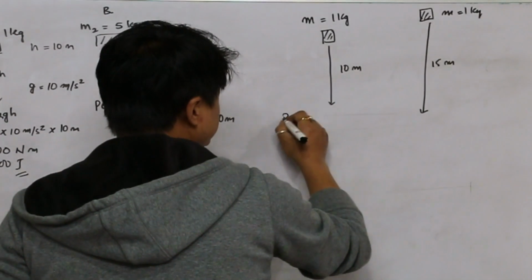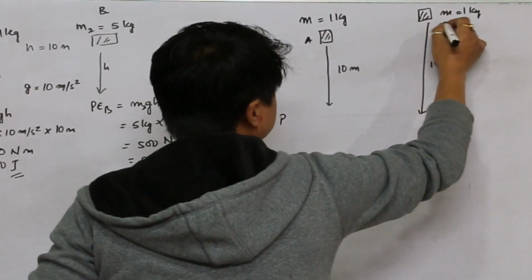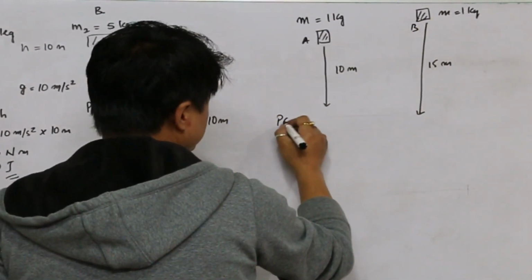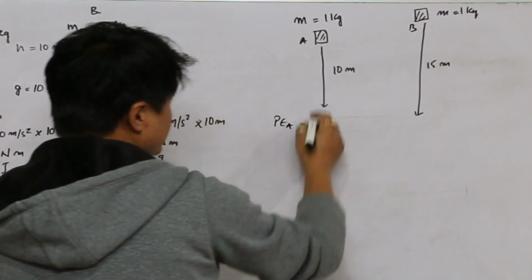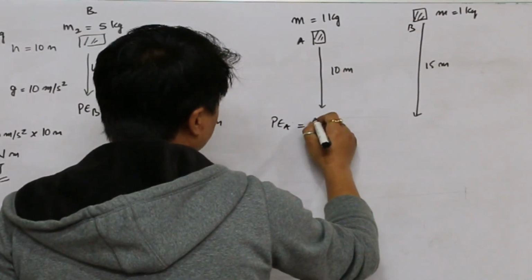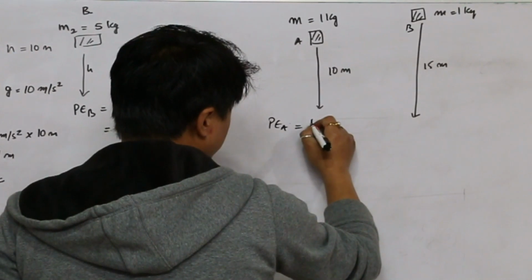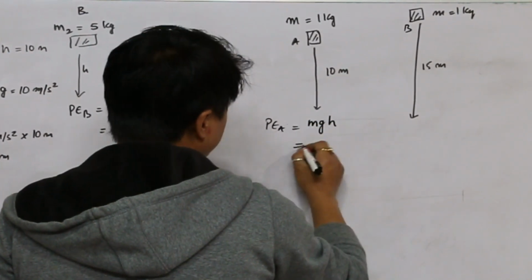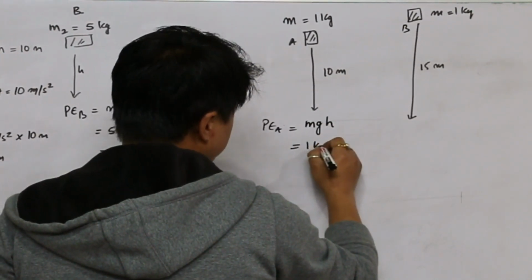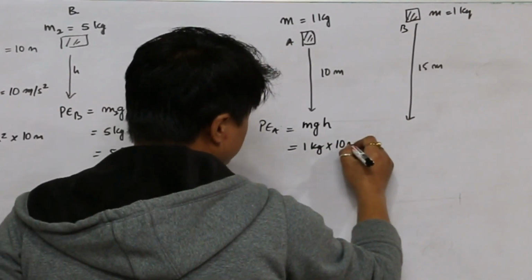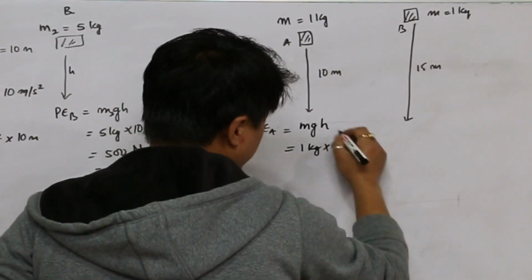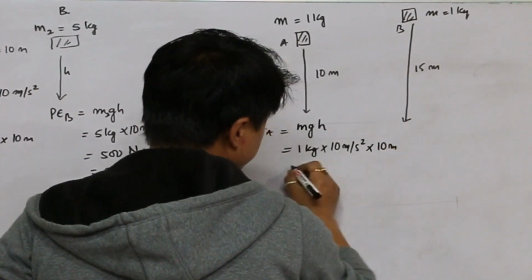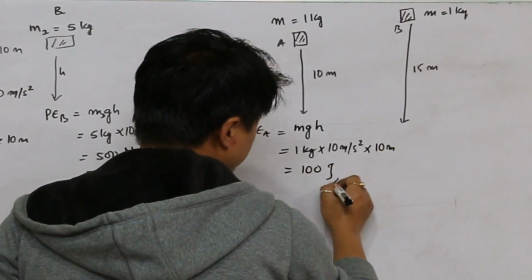Suppose A and B. The potential energy of A is mgh: m is 1 kg, g is 10 meter per second square, and height is 10 meters. This will be 100 joules.